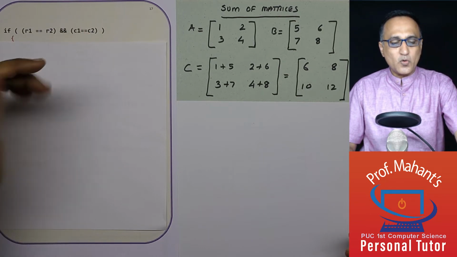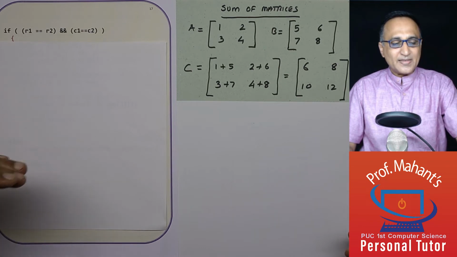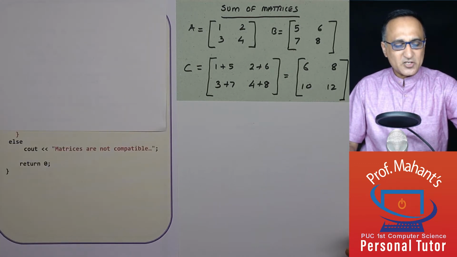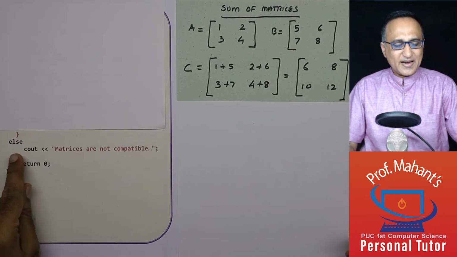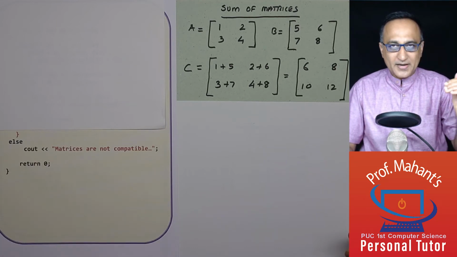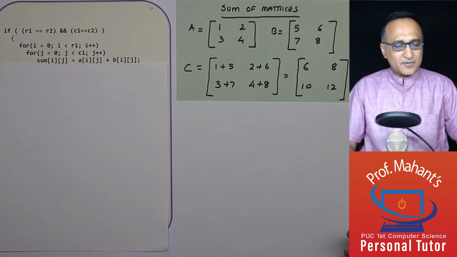Only if this is true, I proceed to do the addition of matrix elements. In case they are of different sizes, I come to this else and print the message: matrices are not compatible, therefore addition of matrices is not possible.